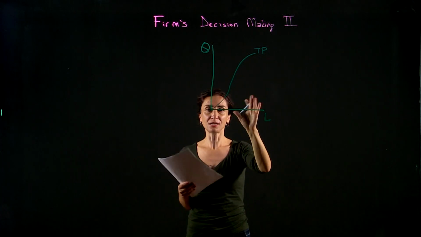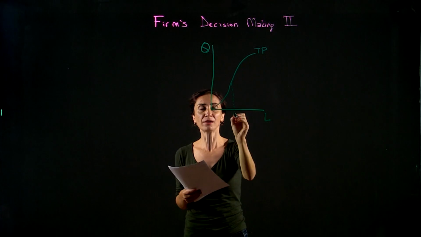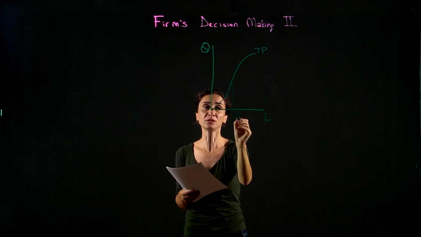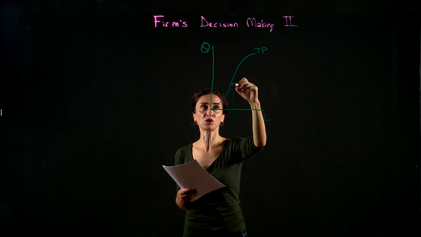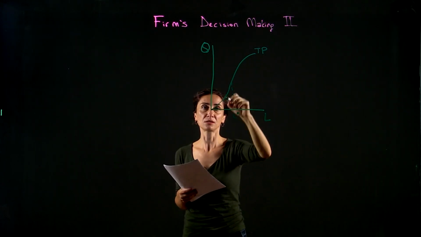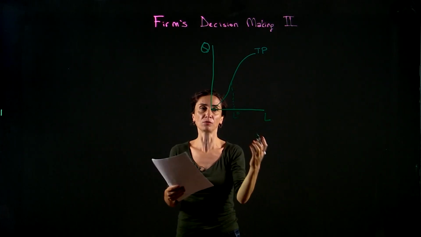Now you can see, although you cannot know the exact point, but somewhere around here, at a certain amount of labor, the shape of the curve changes. It becomes more like this. And up to here, it is going like this, okay? So what is the meaning of this?